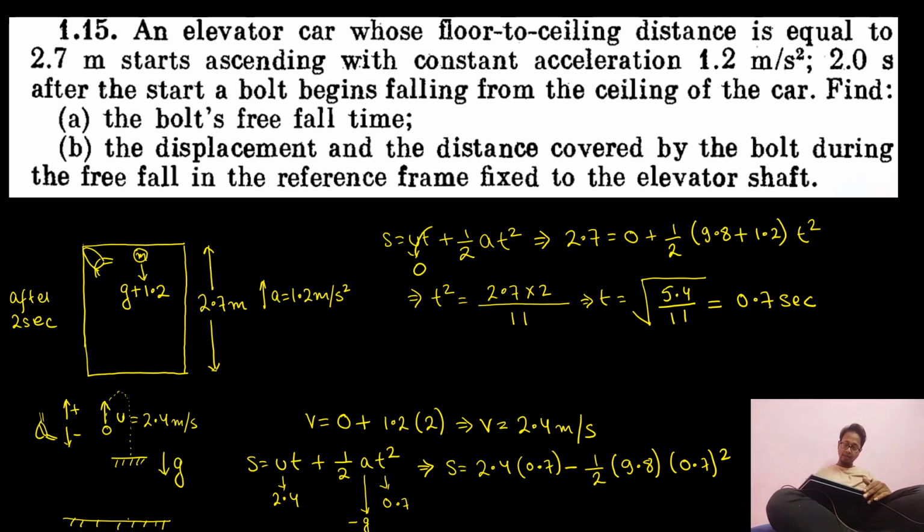If I calculate this one, the value of S comes out to be minus 0.7 meters. So the displacement out here, or this much displacement, is nothing but 0.7 meters.